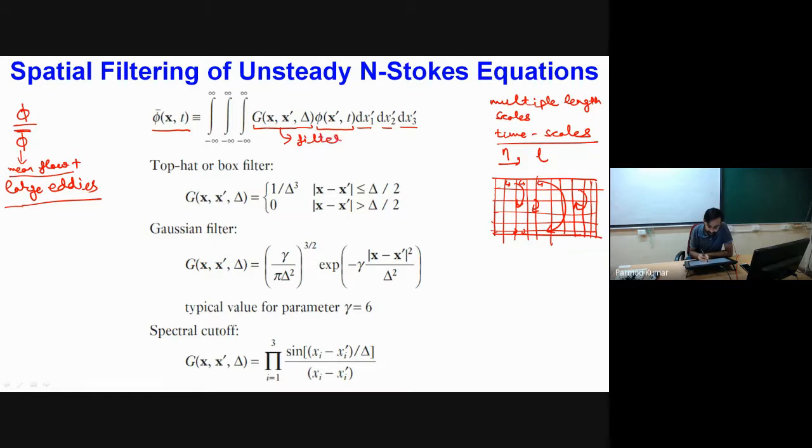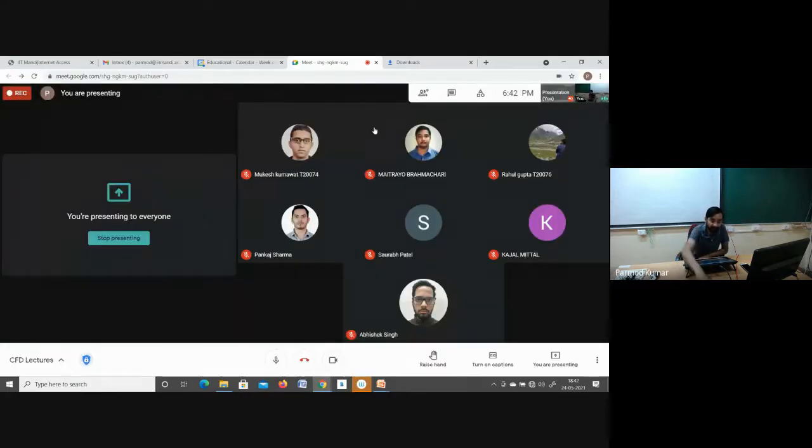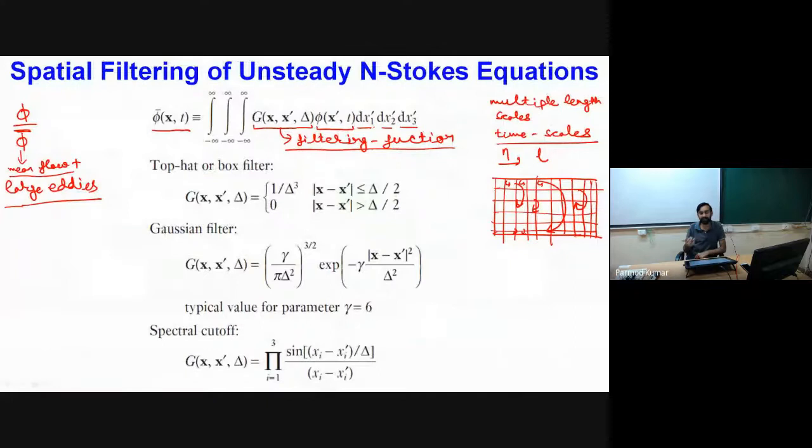This function g of x comma x dash comma delta is what we call our filtering function. In simple words, I can relate it to the concept of low pass or high pass filters in electronic signals. In electronic signals a large number of frequencies and wavelengths occur, so depending on the requirement of the circuit we put some filter, sometimes a high pass filter, sometimes a low pass filter.